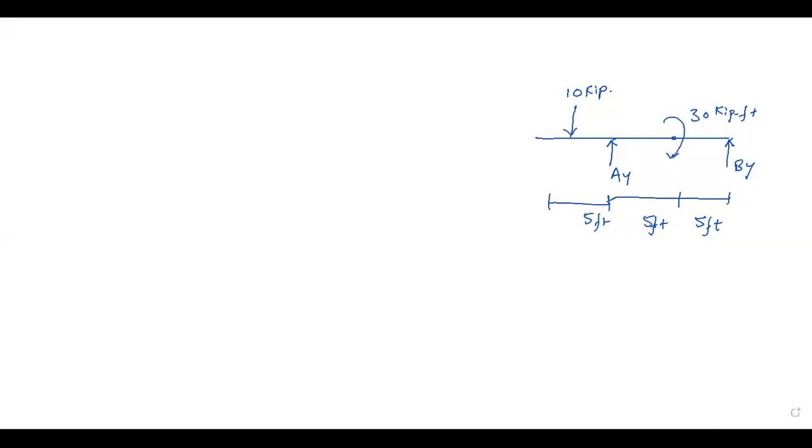First of all, we have to make a free body diagram and start calculating the support reactions. So this is our free body diagram. Now we will start calculating the support reactions. First, we calculate the summation of forces in the direction of y equal to 0, upward positive.